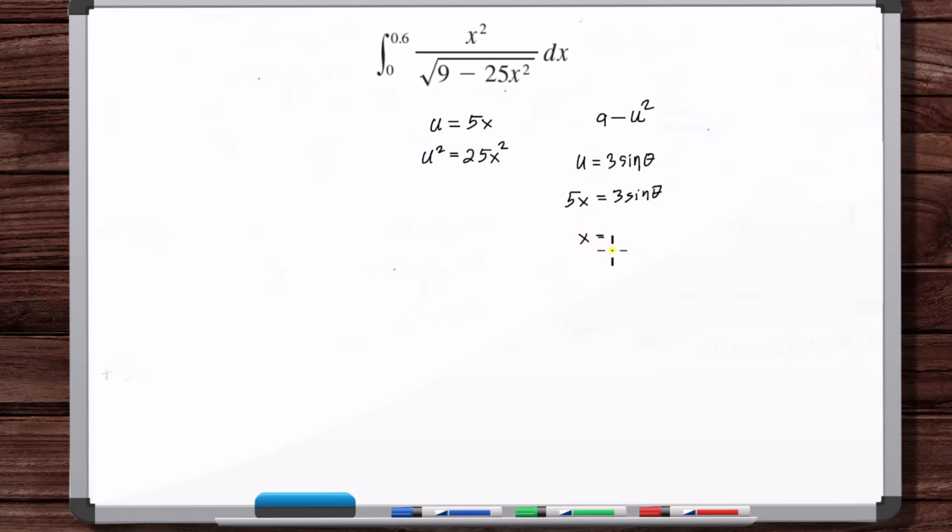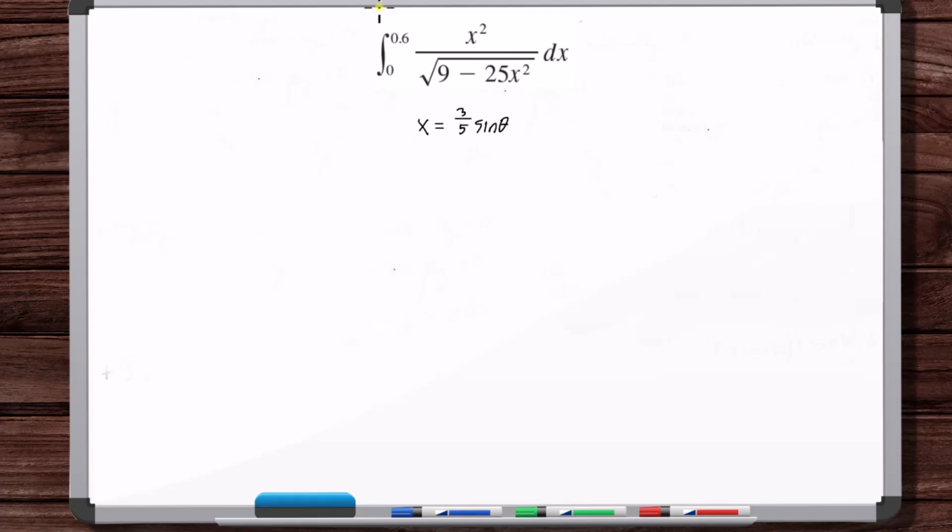So x is equal to 3/5 sine theta. And so this is the substitution we want to make. As far as subbing into this, to apply the trig substitution, we want to say that x is equal to 3/5 sine theta.